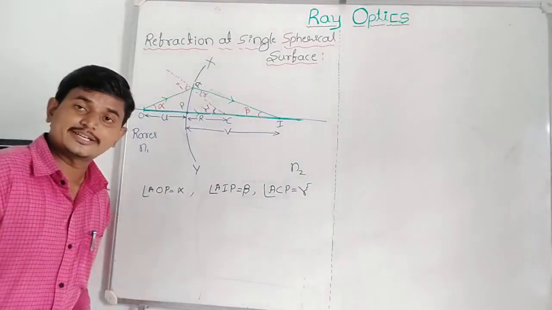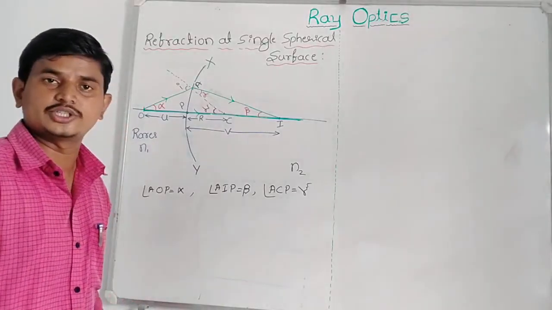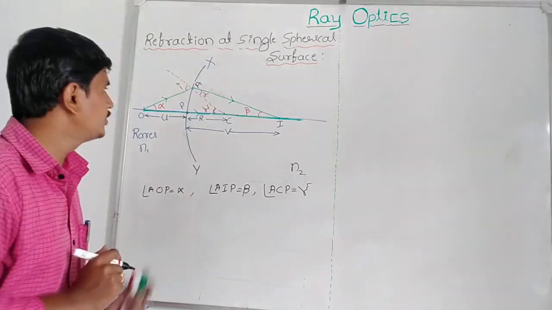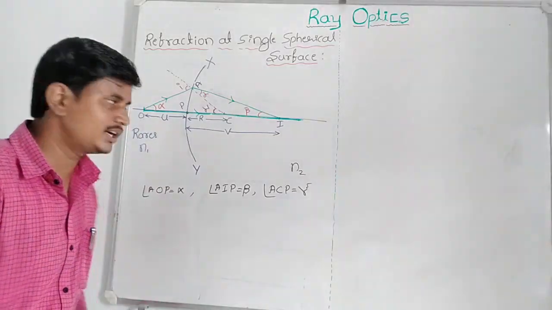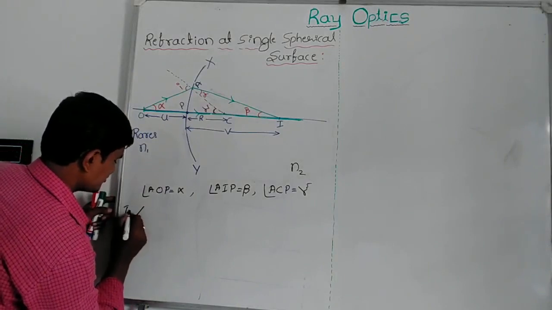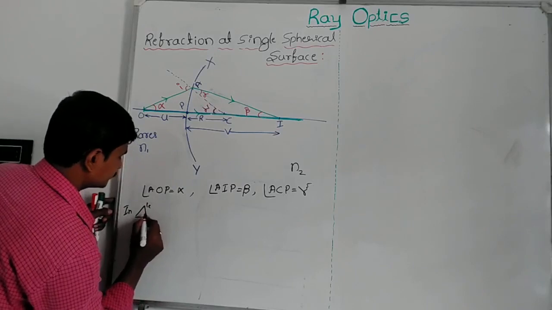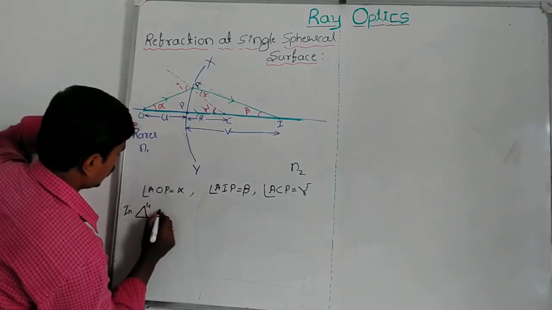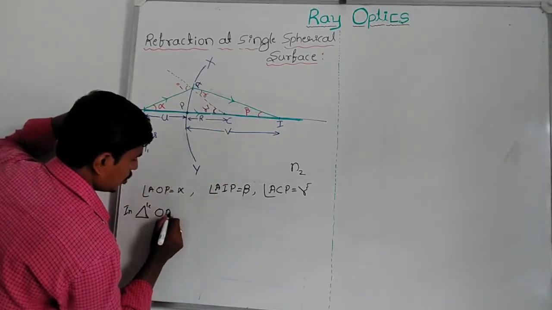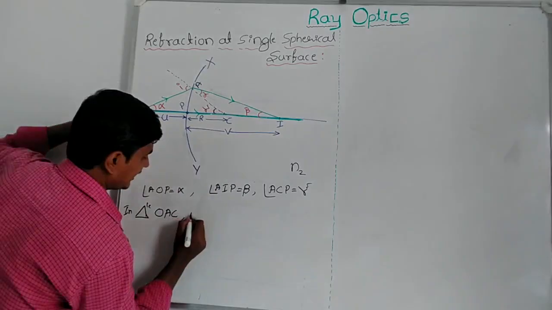Since the external angle in a triangle is equal to the sum of the opposite internal angles, in triangle OAC the external angle is i.